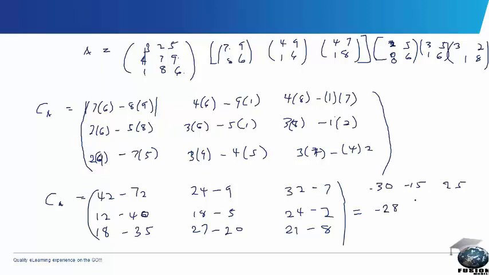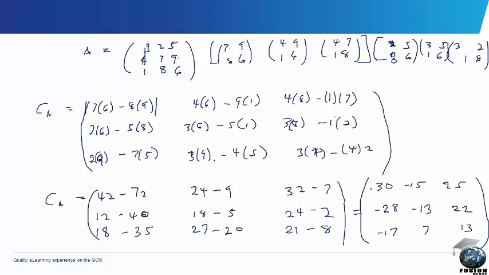Here we have minus 13, and here we have 22, and here we have 18 minus 35, which gives us minus 17, and then here we have 7, and here we have 21 minus 8, which is 13.